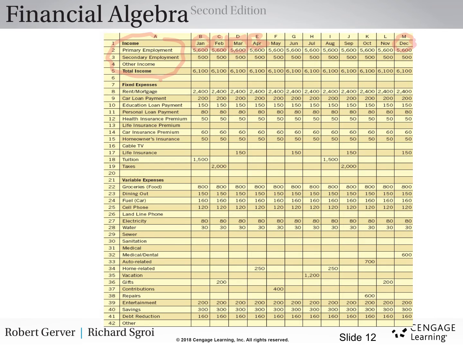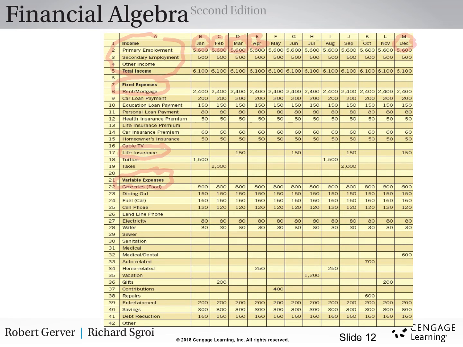Then they have the fixed expenses just like there was on their monthly spreadsheet. Then you've got your variable expenses, again, just like there was. And now you'll notice for each month, however, these are actually what they are paying. So look, for example, at life insurance.